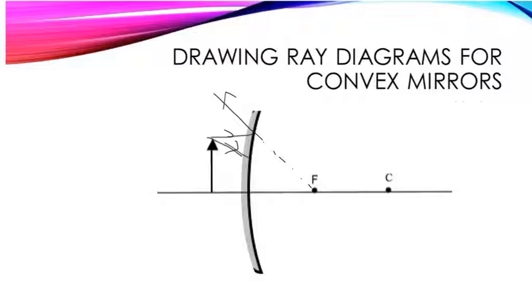And the second incident ray that we drew is going to be drawn away from the mirror at an angle that is parallel to the principal axis, and that will also be continued behind the mirror. And then our image will be found where those two lines intersect.